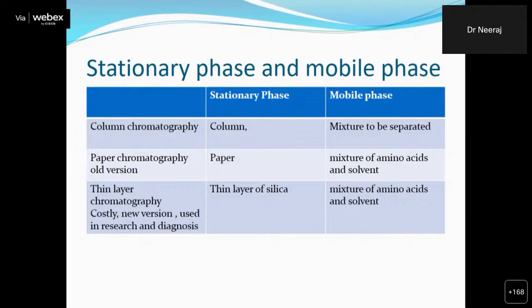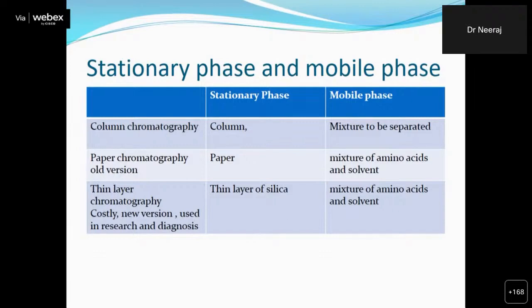The first is the stationary phase and the second is the mobile phase. So first of all, in column chromatography, the stationary phase is the column. You can easily remember this as the name suggests: in column chromatography, the stationary phase is the column.